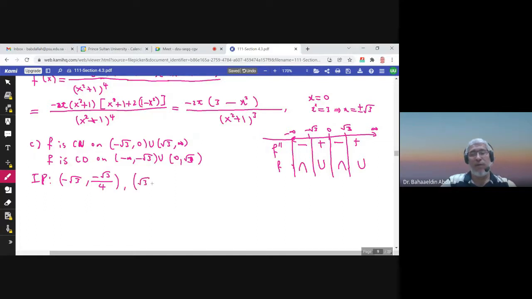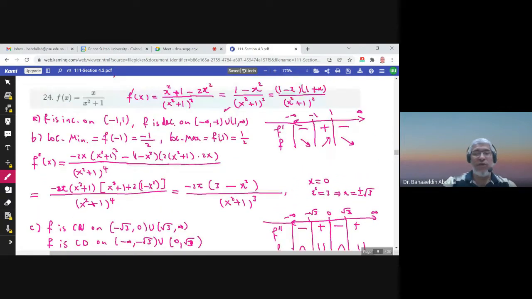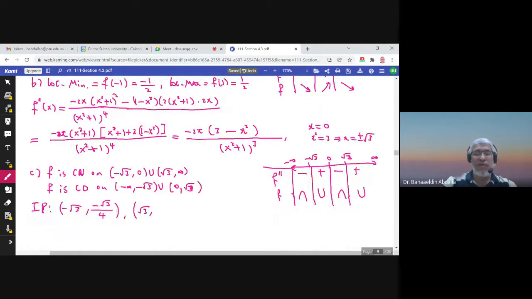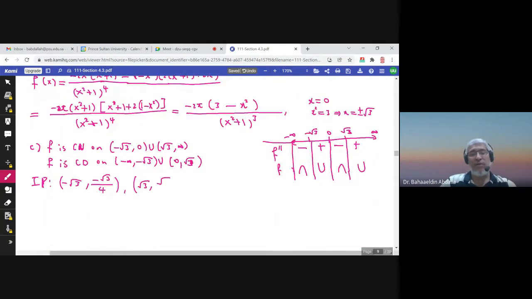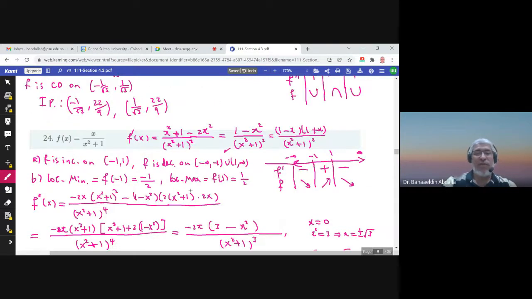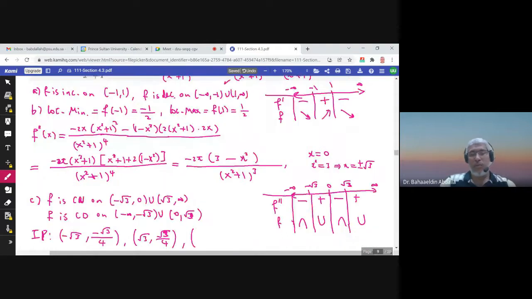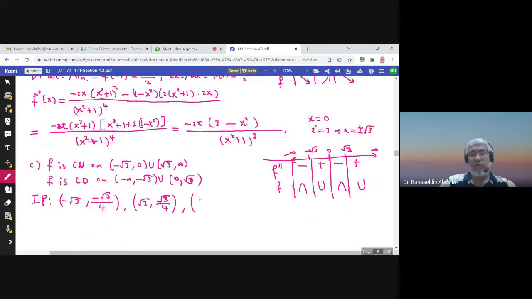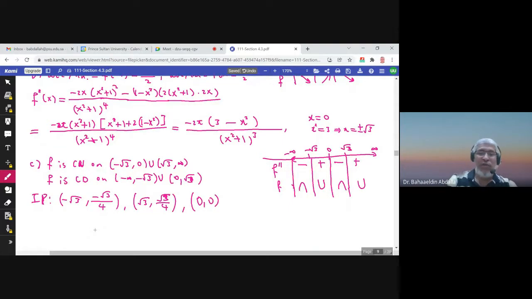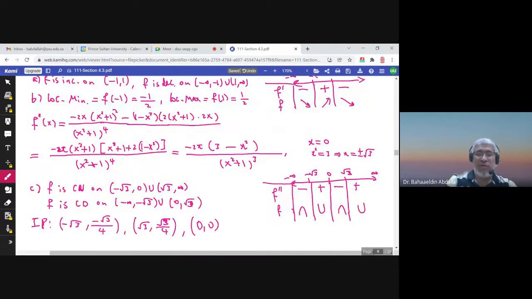Another inflection point, that's square root of 3 over square root of 3 over 4. I'm replacing x by this number in the definition of f of x. And if you put x 0, f of x would be 0. So these are the 3 inflection points, and this is the answer of the question.